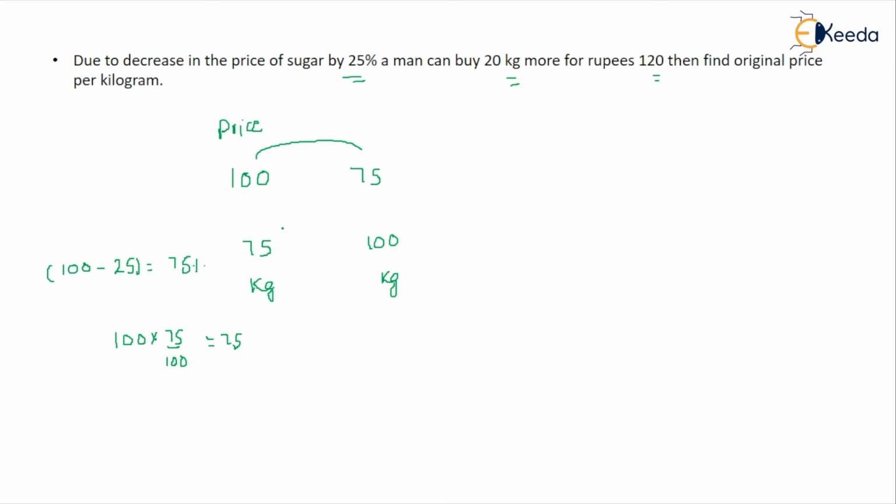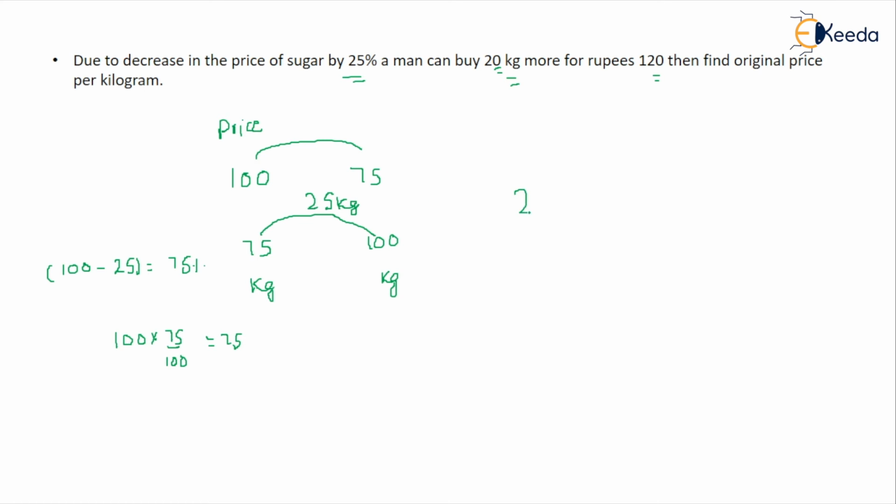So you can see there is a difference. Because of this, a man can buy 20 kg more for rupees 120. Here you can see there is a change of 25 kg, but here you have to make it 20 kg.